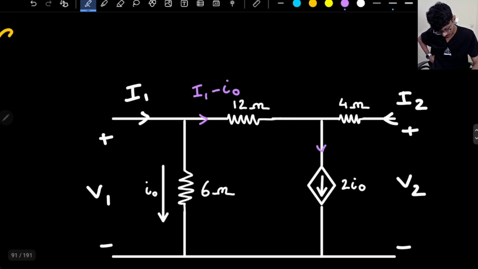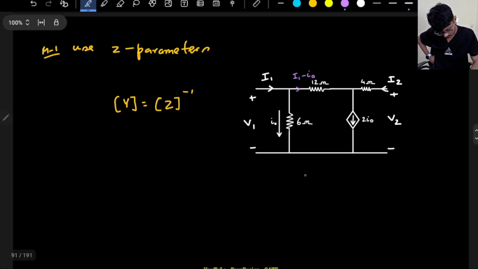So this value will be 2 I0. So one more relationship I can write is that I1 minus I0 plus I2 is equal to 2 I0.